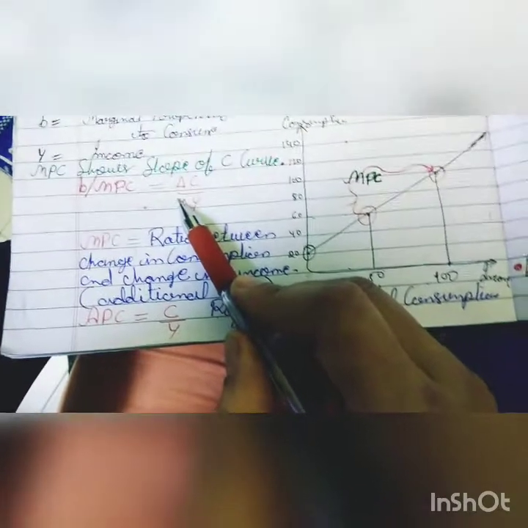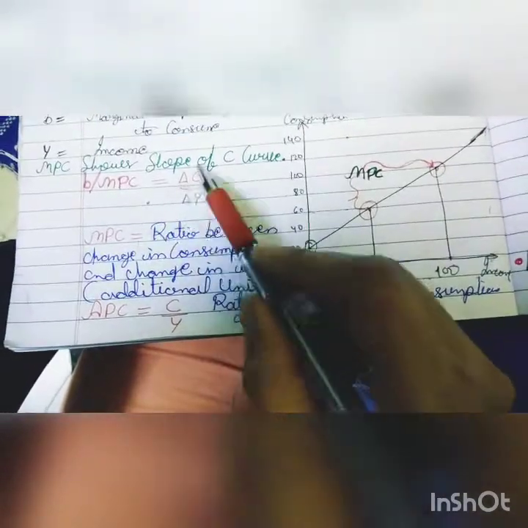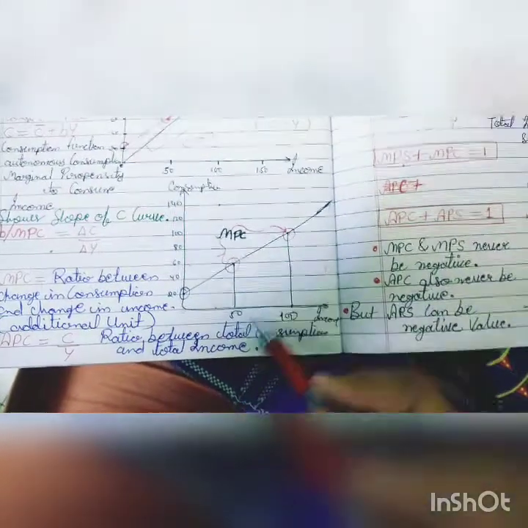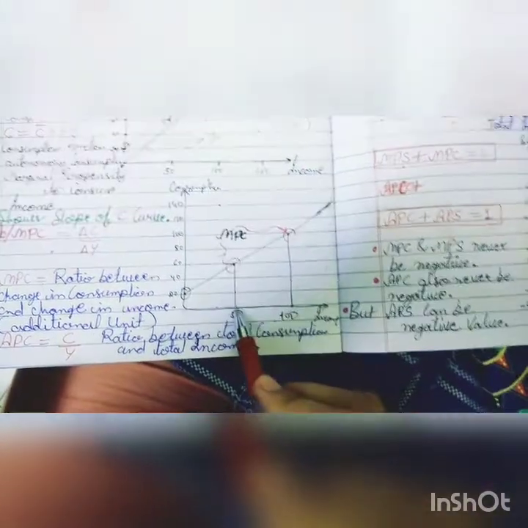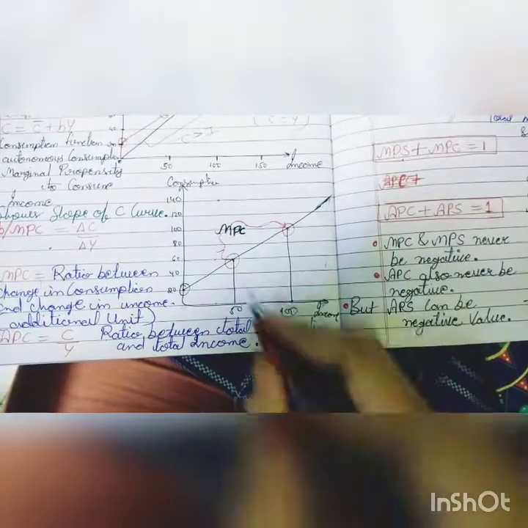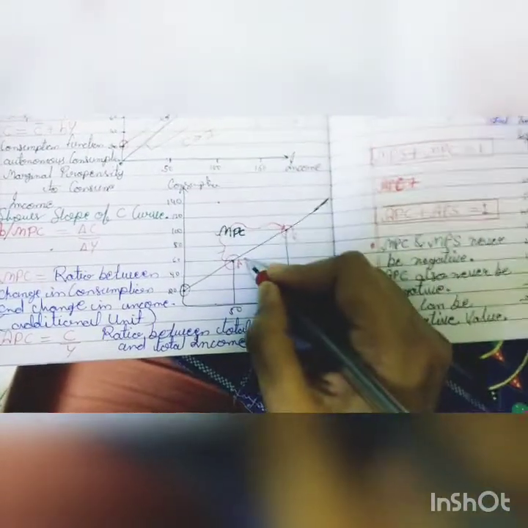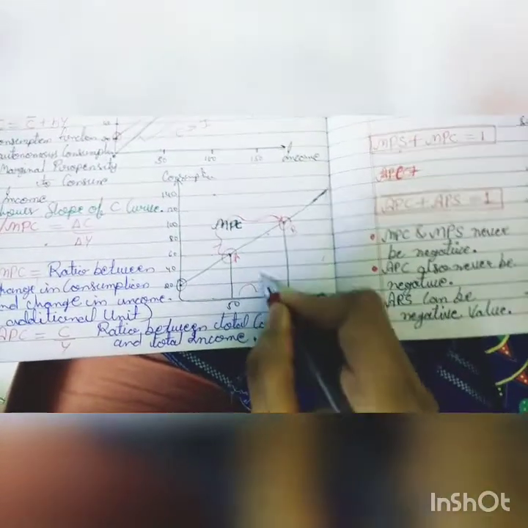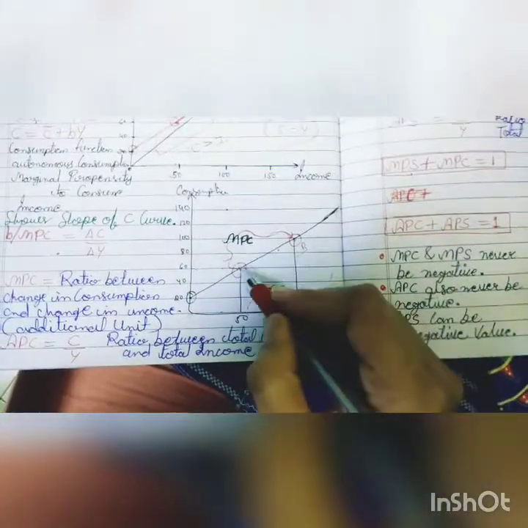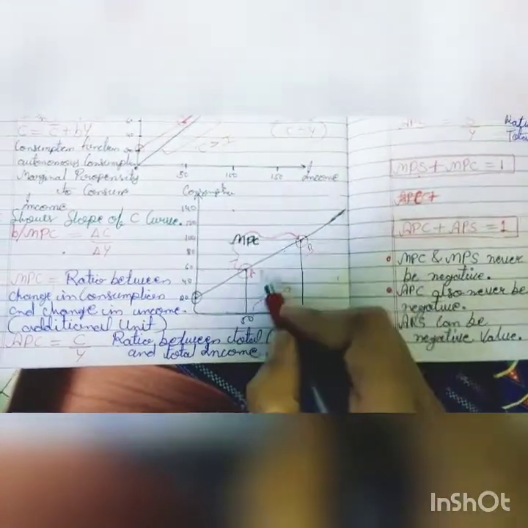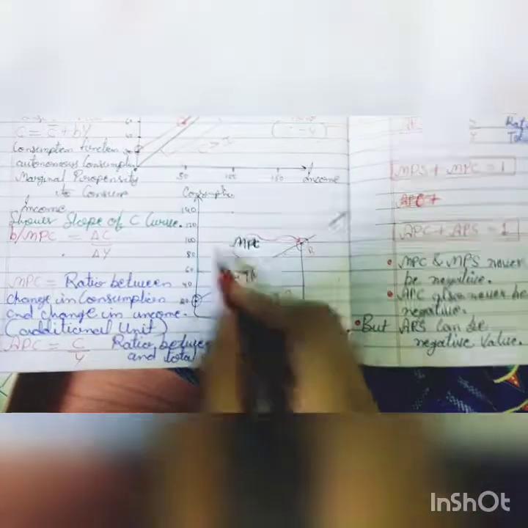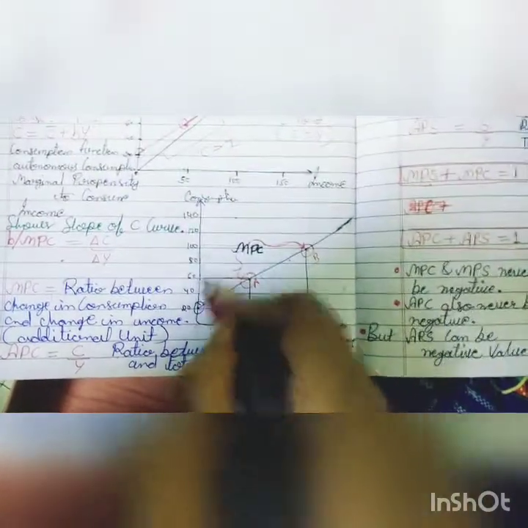Now, the MPC formula. What is the MPC formula? MPC equals change in C upon change in Y. Through this diagram we can learn this: 50 to 100, first unit to second unit, this is A point and B point. From A to B the income changes by 50, and the consumption changes by 40, from 60 to 100.